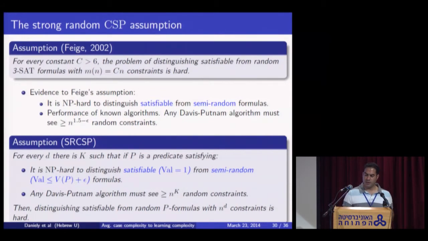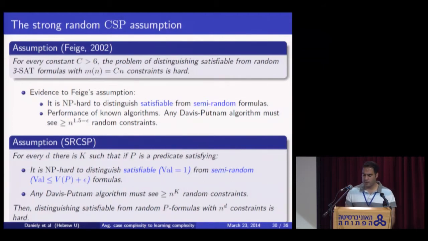For every predicate P satisfying the following two conditions: first, it is hard to distinguish satisfiable from semi-random formulas, and second, any Davis-Putnam algorithm must see at least n^k random constraints in order to succeed. If these two conditions hold, we assume that distinguishing satisfiable from random P formulas with n^d constraints is hard.